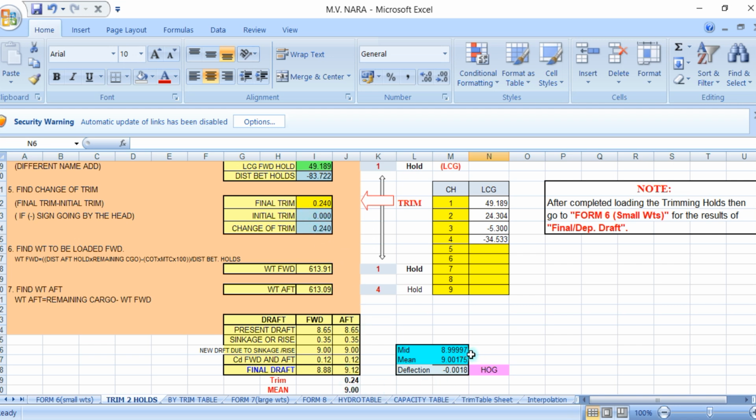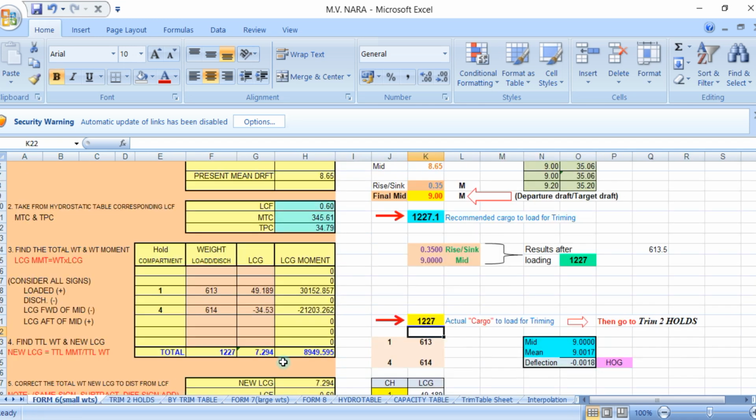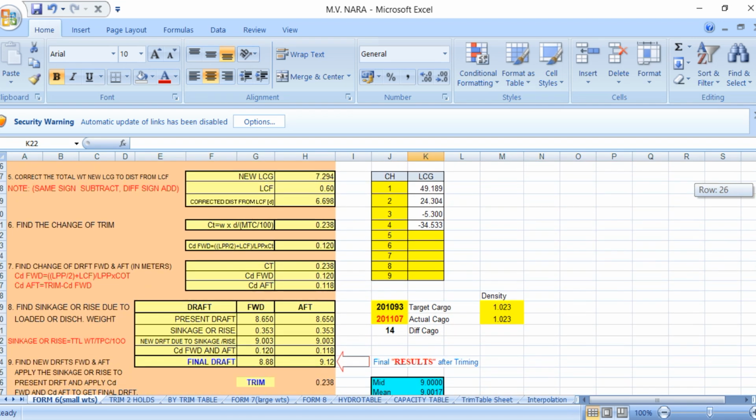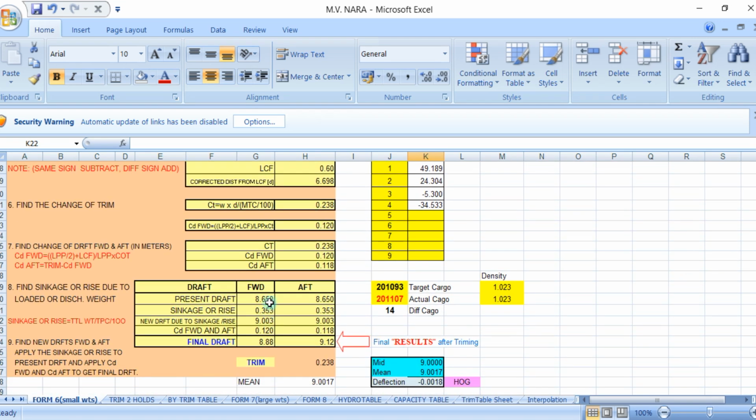So your mid is 9 meters and your main is 9 meters. So you have zero deflection. The forward draft is 8.88 and your aft draft is 9.12. You have a trim of 0.24 and your main draft is 9 meters and your mid draft is 9 meters.